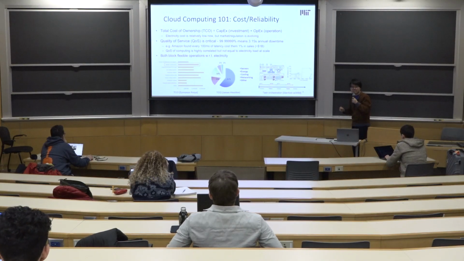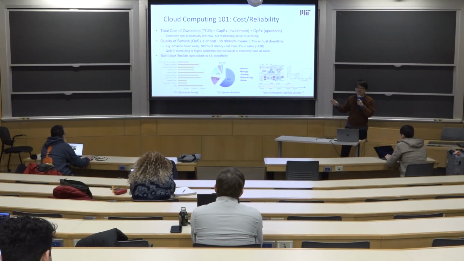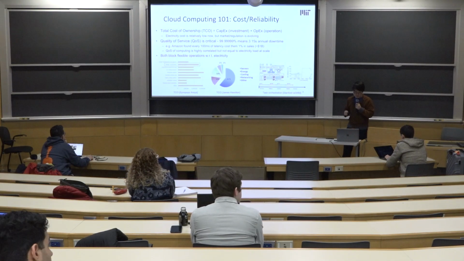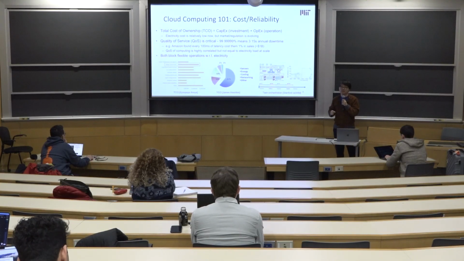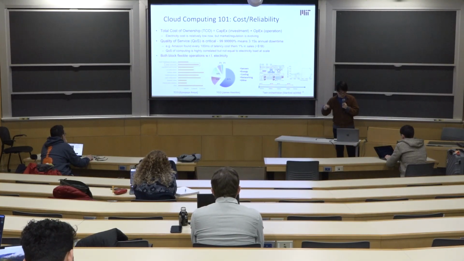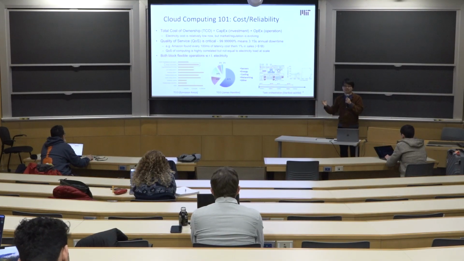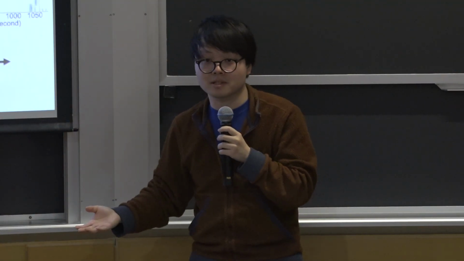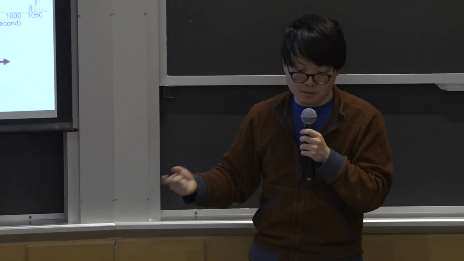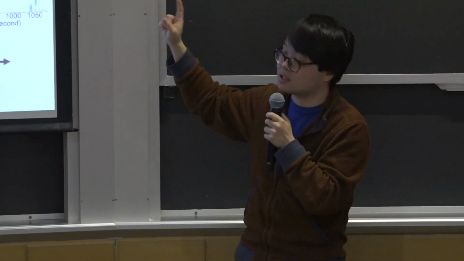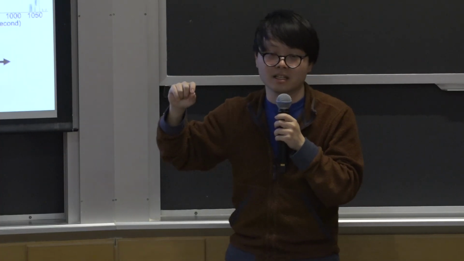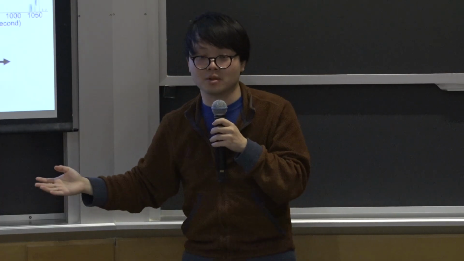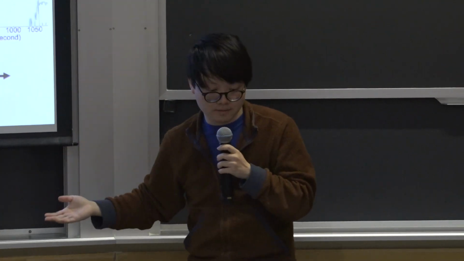So for reliability, when we're measuring services, quality of service is usually the metric we calculate. In order to make customers happy, the cloud providers have to provide really, really reliable services. There's a very famous question of how many nines you have for your services.